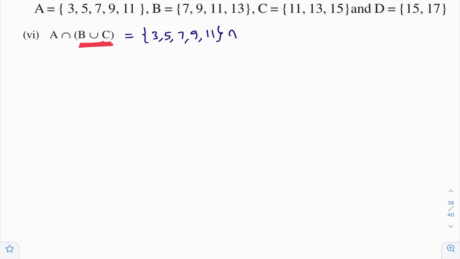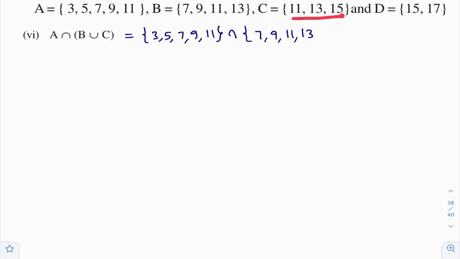By this time, you are in a position to write B union C directly. B union C means the elements which are present in B as well as in C, present in both. So I'll write B union C directly. How to write B union C? Here first write all the elements of B: 7, 9, 11, 13.